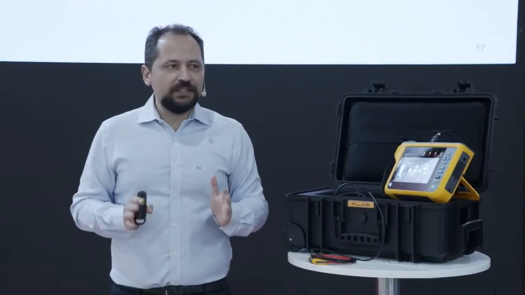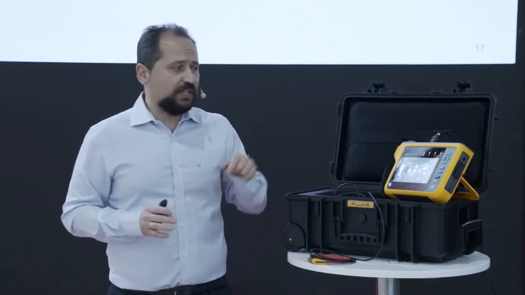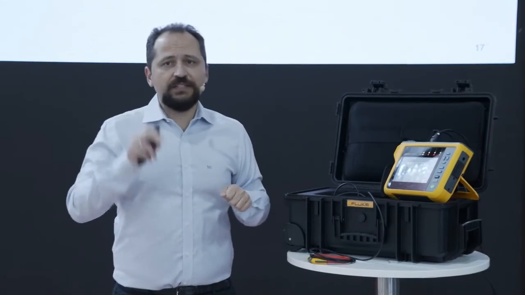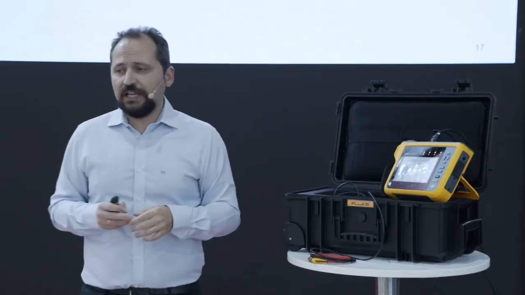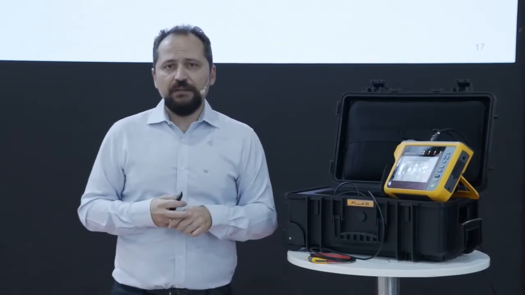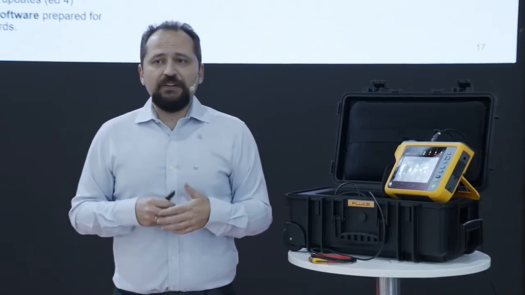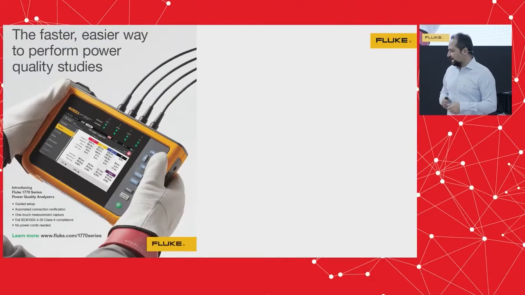All those features are meant to make it really simple for the end user to just plug it in and start logging immediately, so that he does not miss any parameter. And then, of course, it's prepared for future developments and future updates and future standards that will be meant to be used in power quality.